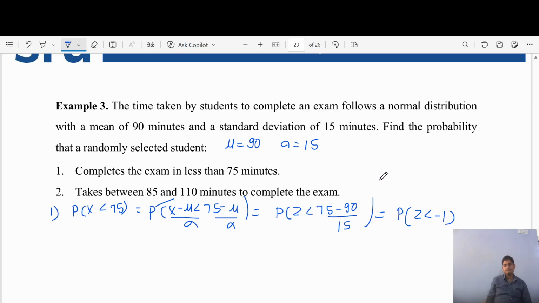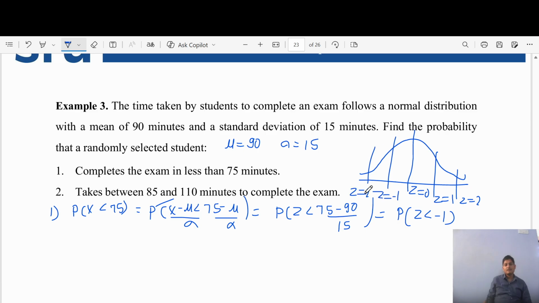So this is minus 1. This is the standard normal curve. Here Z is equal to 0, Z is equal to 1, Z is equal to 2. Here Z is equal to minus 1, Z is equal to minus 2. So we want the area of Z less than minus 1. This is important.